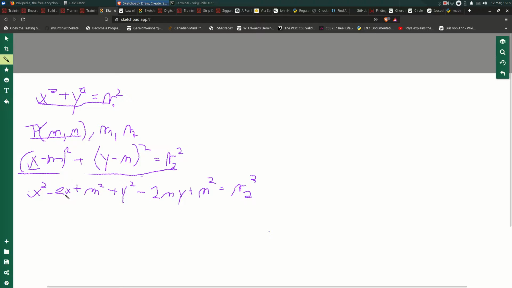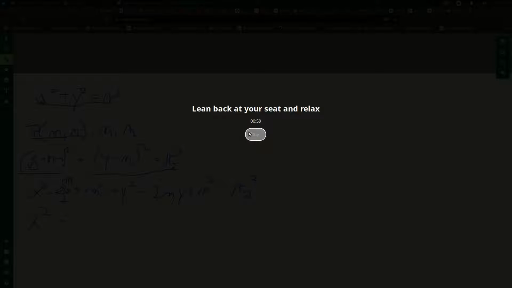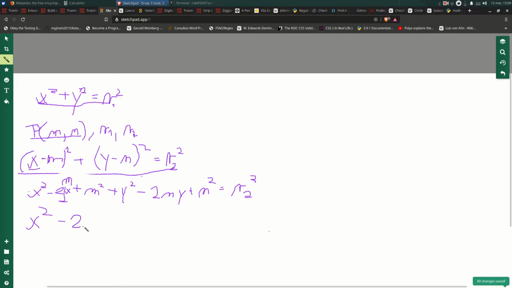Oh, also here is a mistake. Here should be 2mx. So what we get is x squared minus 2mx equals r2 squared.